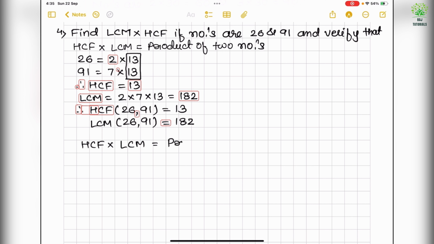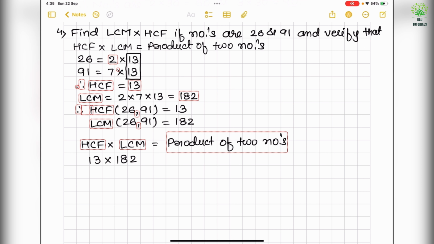Now verifying this, I can say HCF into LCM equal to product of two numbers. So let us check that. HCF into LCM, 13 into 182, that should be equal to 26 into 91.